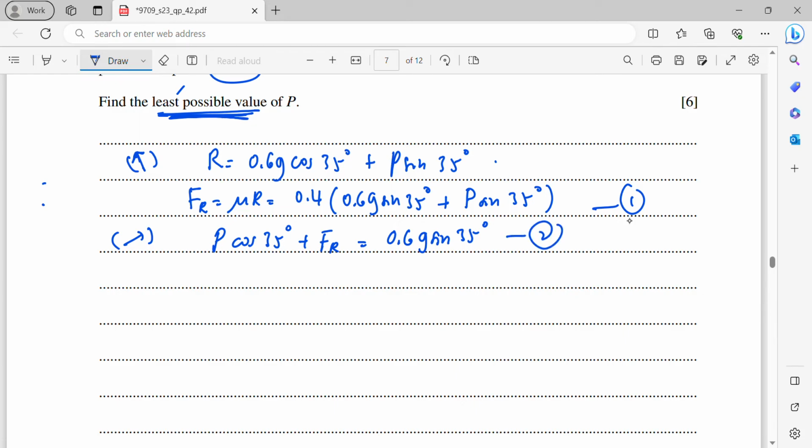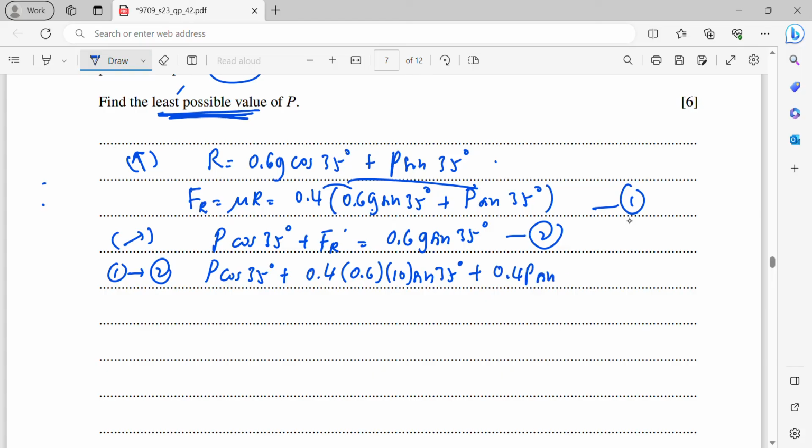Now since I have the Fr in the second equation, I will substitute first into second because my first equation is the Fr. So I will get P cos 35 degrees plus, here you can just do expansion, but I will not simplify it, I will just rewrite first 0.4, then 0.6, and the G I change to 10 sine 35 degrees, then plus 0.4 times P. So it will be 0.4 P sine 35 degrees.